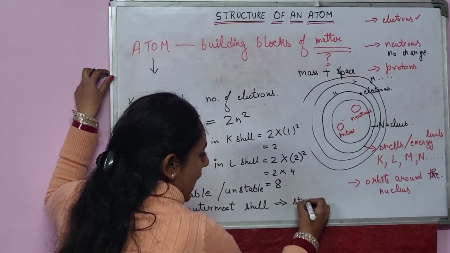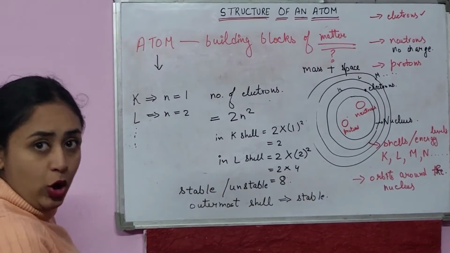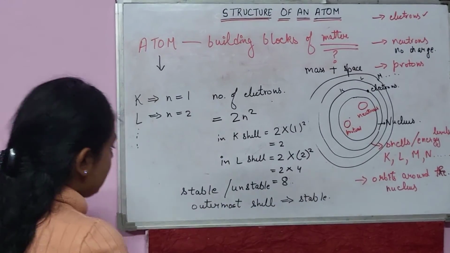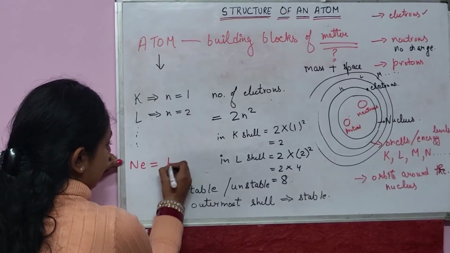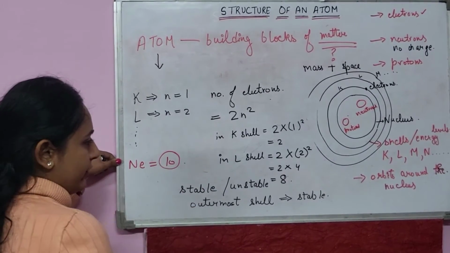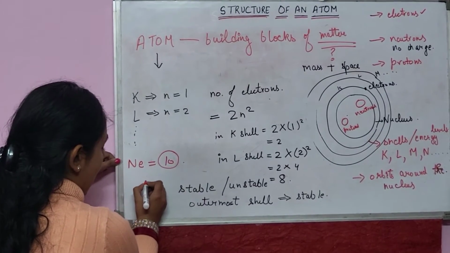Otherwise it is unstable. For example, we take neon gas. Neon gas has atomic number 10. Now the number of electrons in the outer shell is 8.